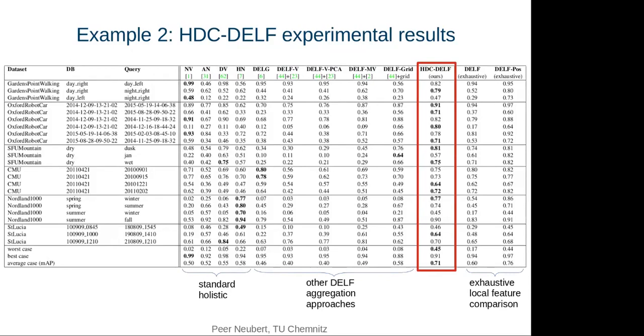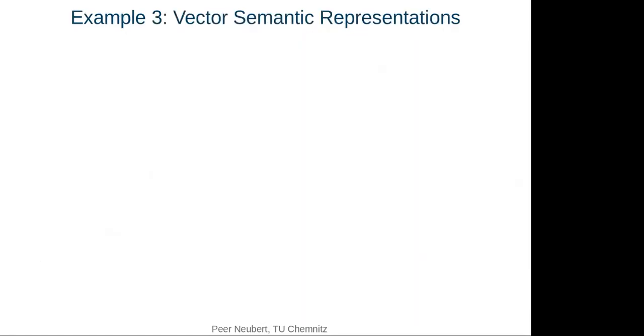I want to use the final few minutes to talk about a third example, which is vector semantic representations. So this HDC-DELF approach is somehow in some kind of sweet spot. The first example, this bundling of holistic descriptors, is a little bit too simple.